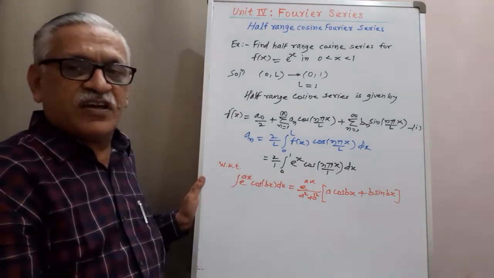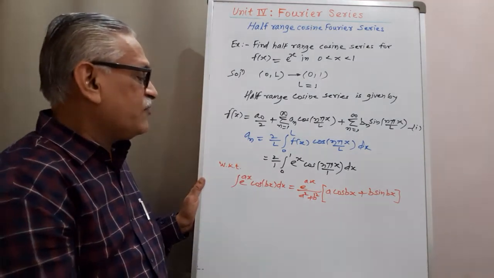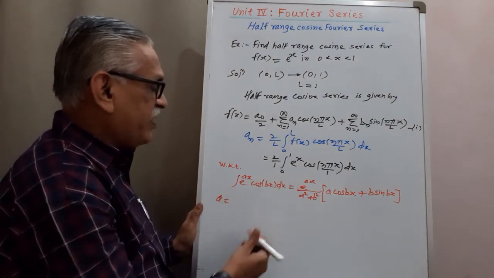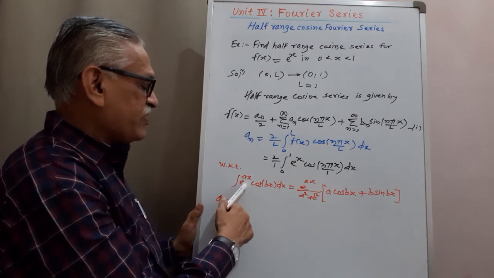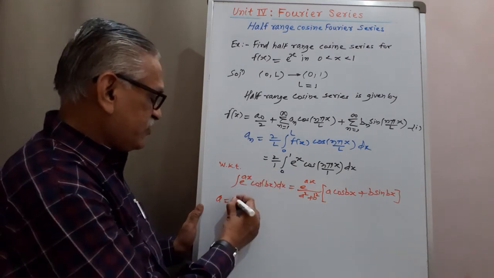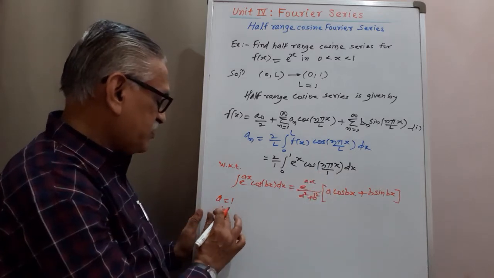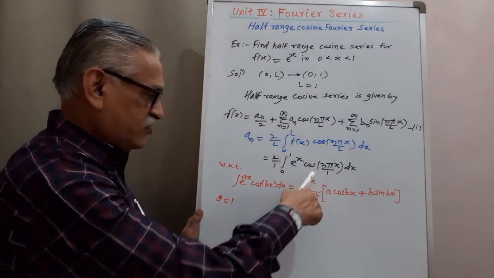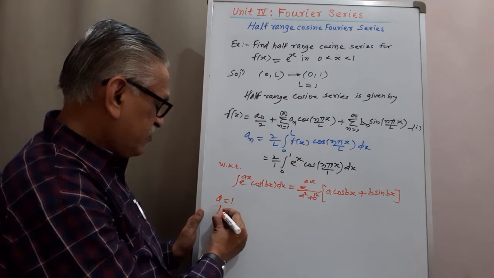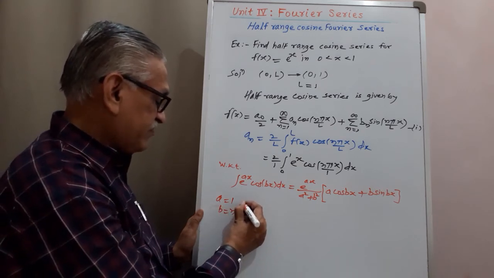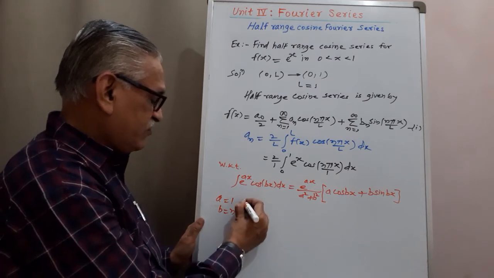We have to apply this result. Comparing these two results, the value of a, the coefficient of x in the exponent, is 1, and in cos of bx, b is the coefficient of x in the cos term, so b is equal to n pi.